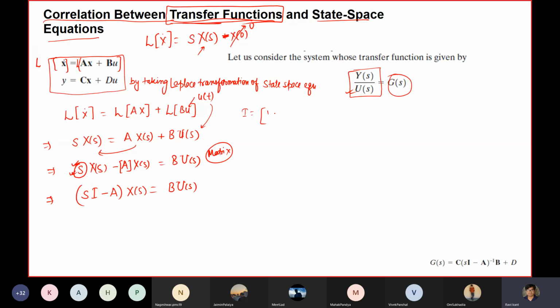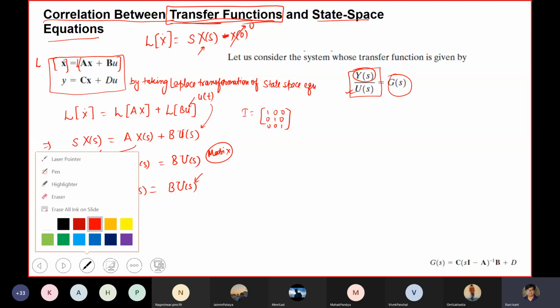Okay, so now here you have X(s), so this is your input and this is your state, but you want things in Y(s). What we will do is take up the measurement equation also. So y is equal to Cx plus Du. This is the standard state space equation I'm writing.